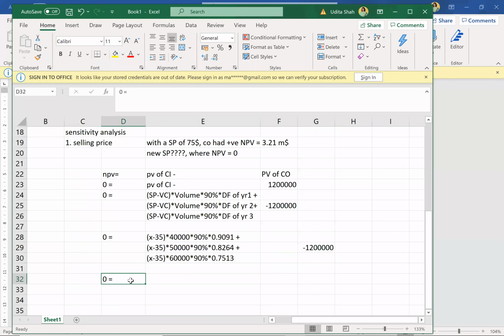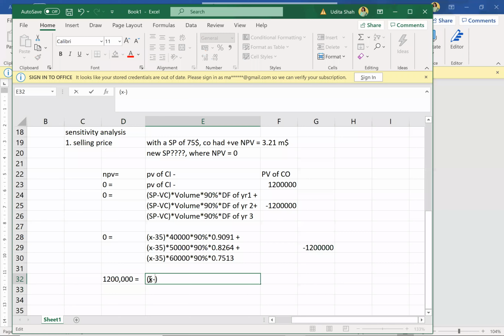So that will become what? We can take this 1.2 million over here. 1.2 million will now become positive, right? 1.2 million will be equal to, this 1.2 million I have taken on the left hand side. I'll take out X minus 35 common, correct?